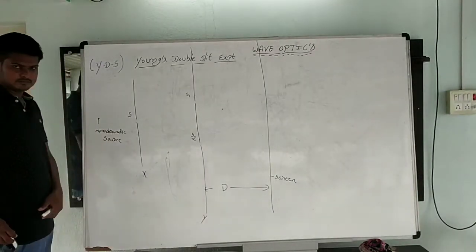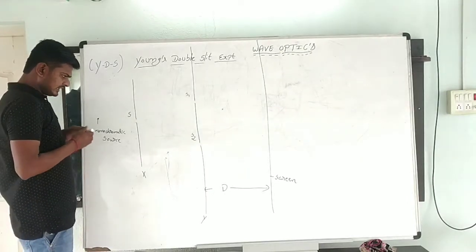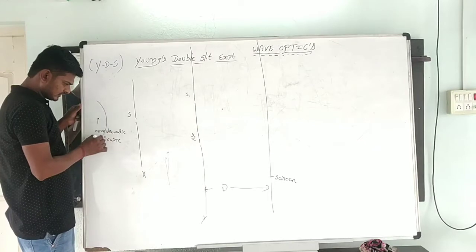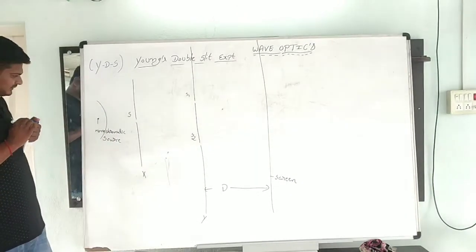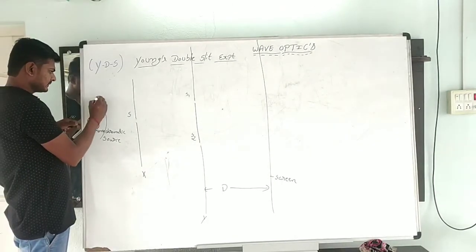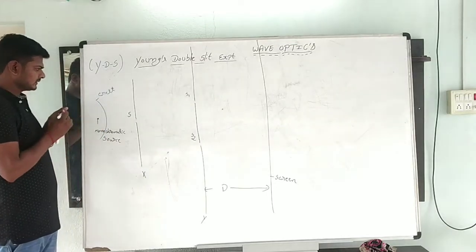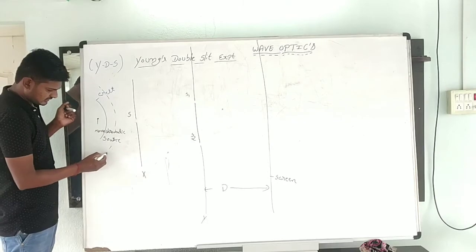See here, I am going to consider the thick lines as crest and the dotted lines as trough.